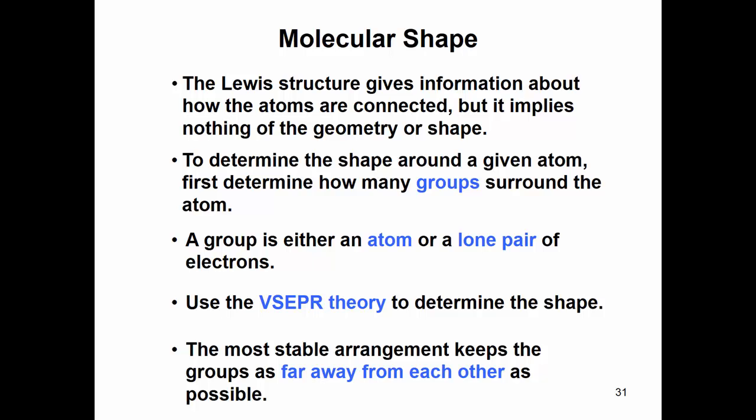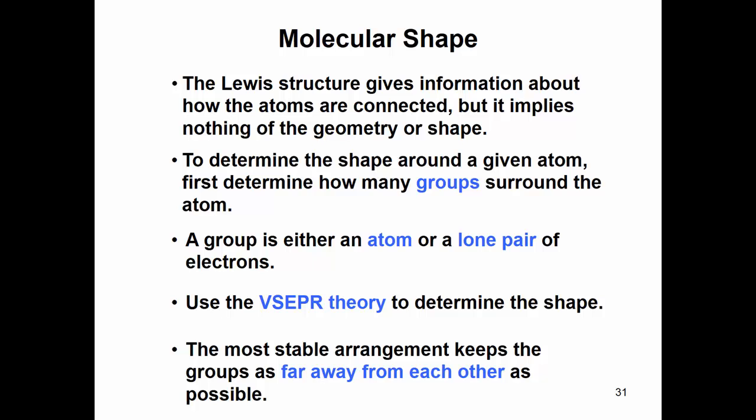The geometry is based on a theory we call the VSEPR theory. This determines the shape, and basically that theory says that these groups around an atom are made up of electrons, because we know how atoms bond with one another. Since electrons have a negative charge, they want to be as far apart from each other as possible.